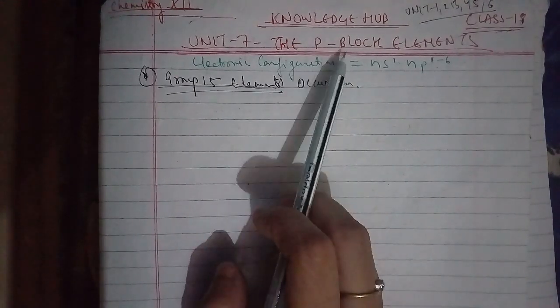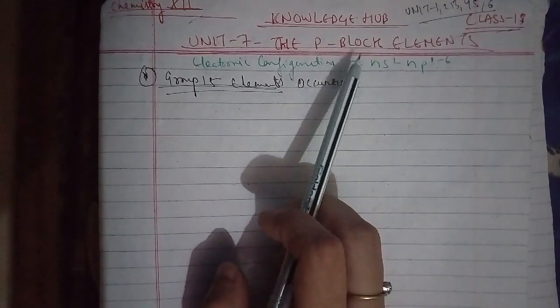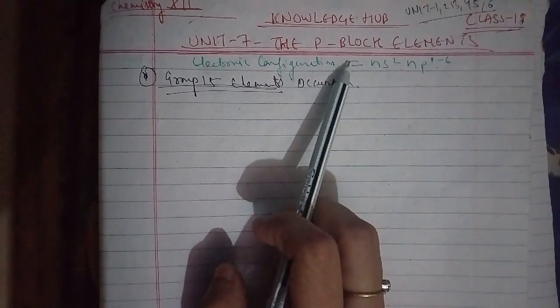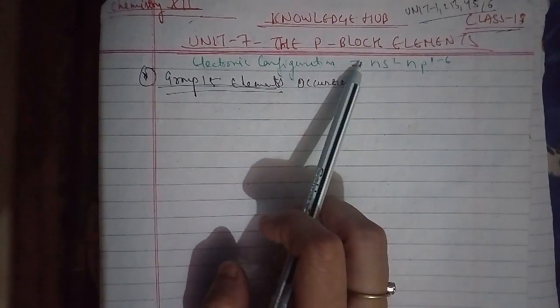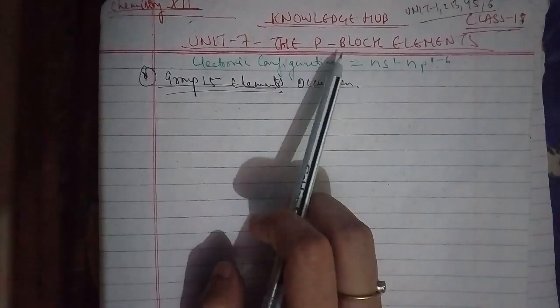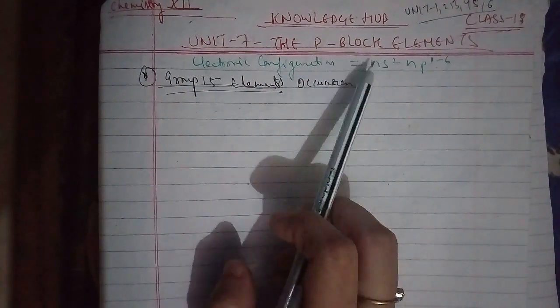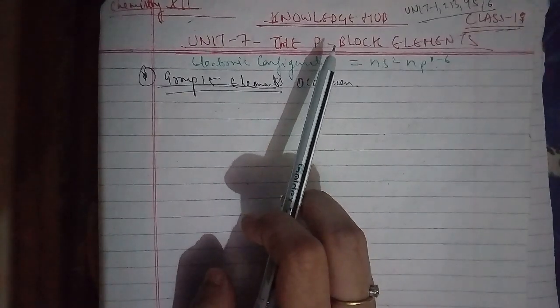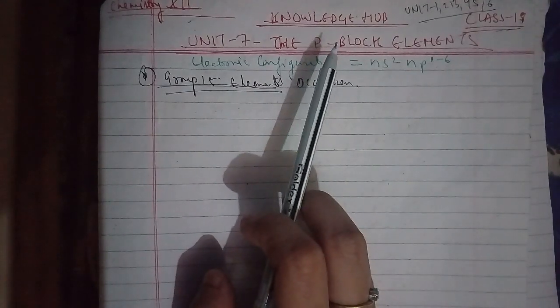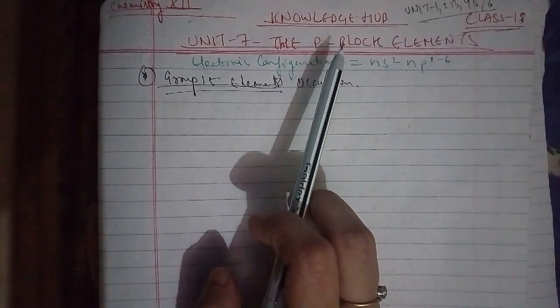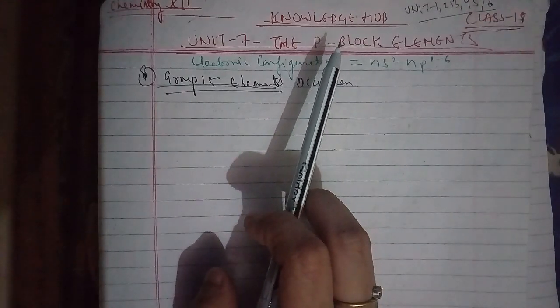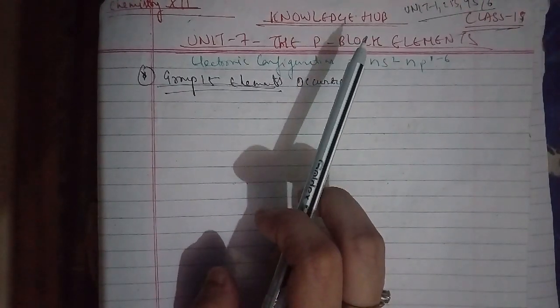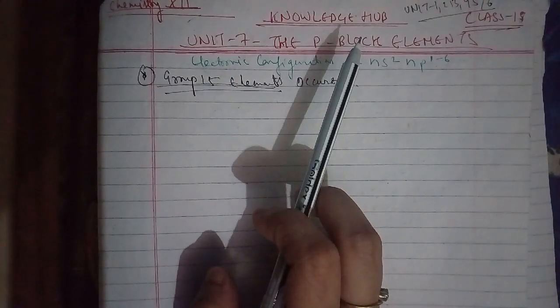Phosphorus occurs in minerals of the apatite family, which is Ca9(PO4)6·CaX2, where X is fluorine, chlorine or OH. For example, fluorapatite, which is Ca9(PO4)6·CaF2.